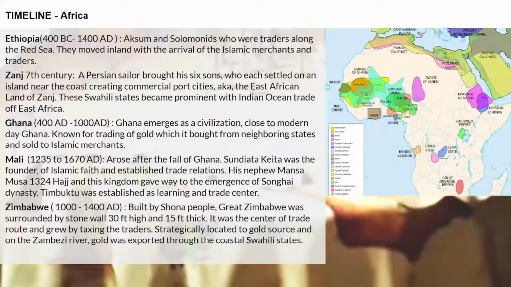And lastly, Zimbabwe, from 1000 AD to 14,000 AD. It was one of the greatest achievements in Africa. Great Zimbabwe was a very flourishing country, and they were close to rivers, so they were able to trade, and they were also very advanced in technology like ironworking as well.